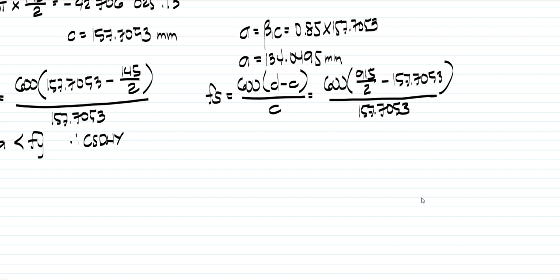So, that will be a value of Fs which is equivalent to 1,140.5883 megapascal. And this is greater than our Fy or our yield strength. Therefore, the tension still yields.